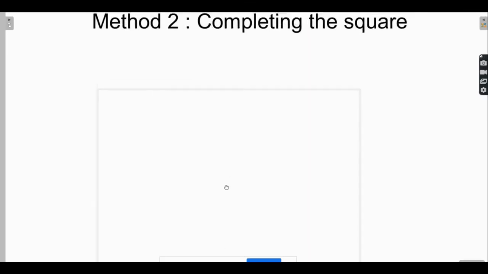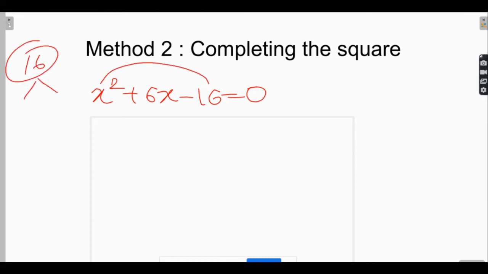Now, the completing the square method. Very simple and very easy method. So, for example, this is your question. This question can be solved with the first method also. I'll quickly show how to solve it with the first method. 16, factor it out. 2 eights are 16. Can I make 6 from 8 and 2? Yes, 8 minus 2 will give me 6. So instead of 6, I'll write 8 minus 2.